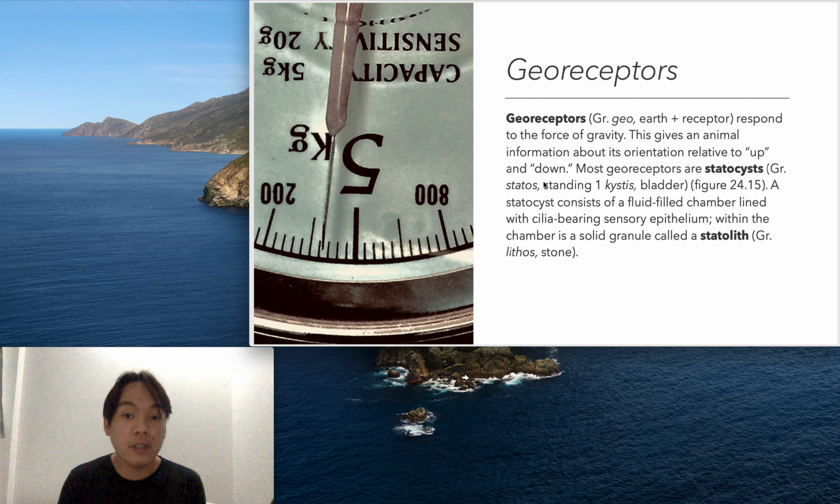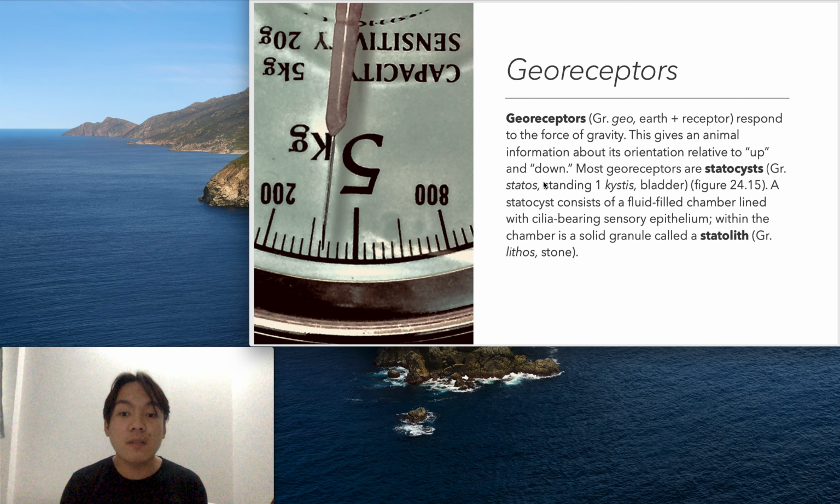Georeceptors, from the root word geo, which means earth, and receptor, respond to the force of gravity. So up to down, that's an animal's orientation to the pull of gravity. The most common georeceptors are called statocysts.